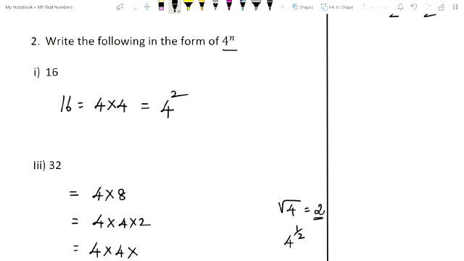The square root of 4 equal to 2, so I am taking the square root of 4 instead of 2. And how can you write this in index notation? 4 power 1 by 2. So here 4 power 1 by 2.